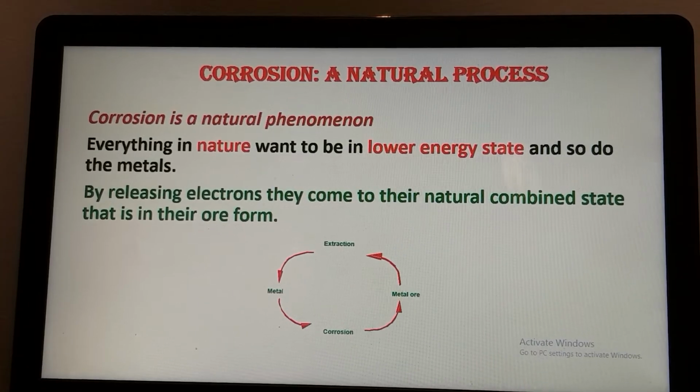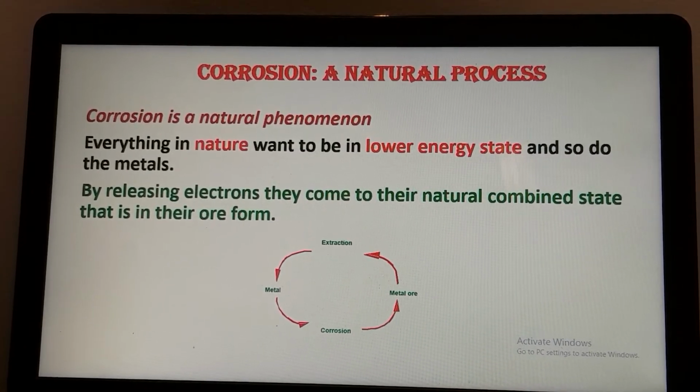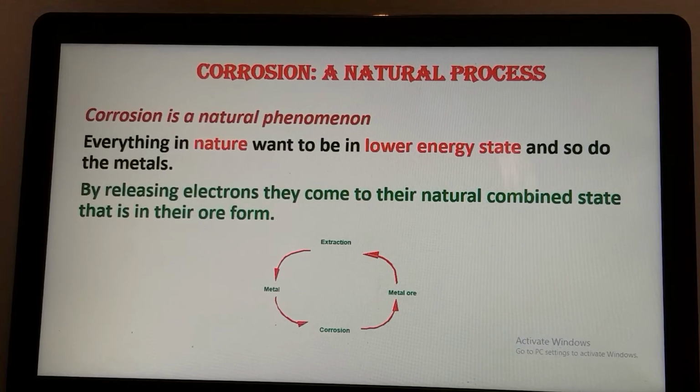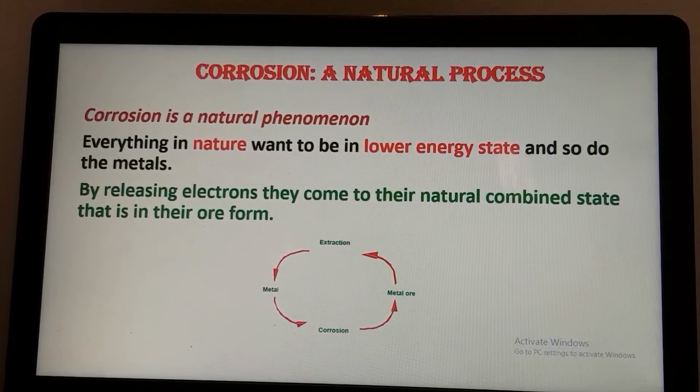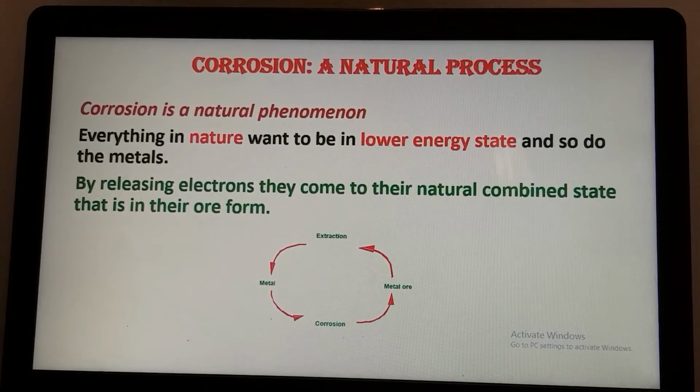The metals occur in nature in the form of minerals or ores, and in the minerals they are found in the combined or the lower energy state. When we extract them from the ores, they come to the elemental form or the higher energy state.